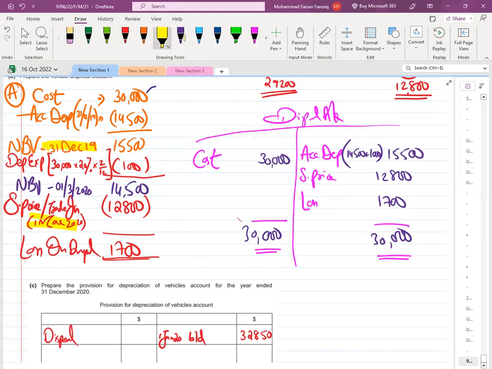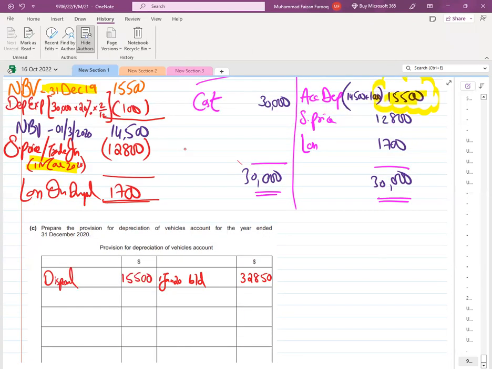How much was it in the disposal account? 15,500. So 15,500 from the disposal account will come here on the debit side of the provision account. What else? One more thing comes here, which is depreciation expense for the year, and we do have CD, and this account got balanced.